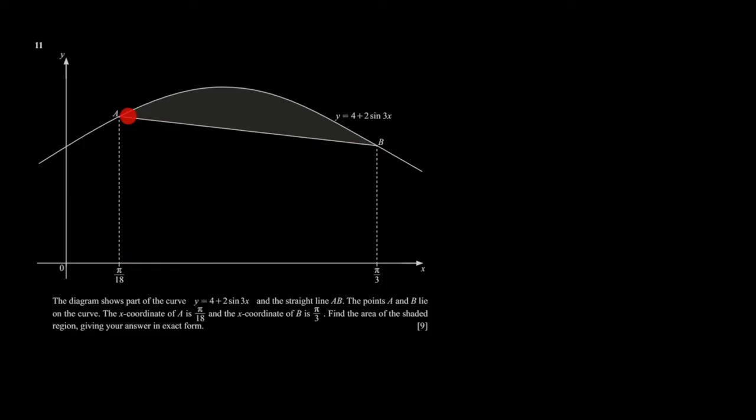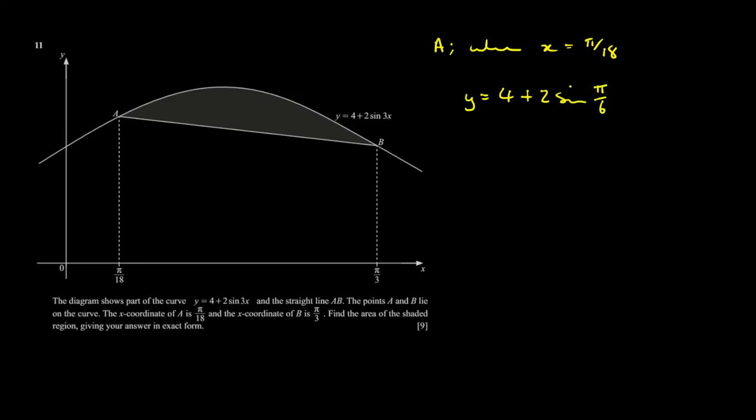What would I need to do that? Well, I would need to know the height of this and the height of that. And that's going to be given by the y-coordinates of A and B respectively, right? So I can find the y-coordinate at the point A by asking when x is equal to pi by 18. So I'm going to substitute that into the curve, and I will get y is equal to 4 plus 2 sine 3 times pi by 18, which is pi by 6.